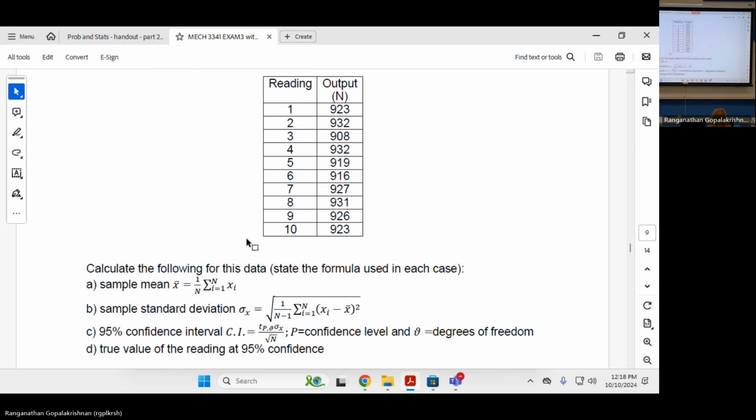It's a very typical question that can be asked to calculate confidence interval and using the t statistic for that, t statistic table for that.